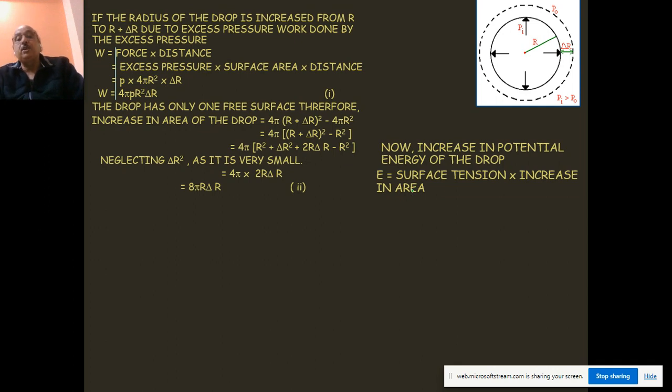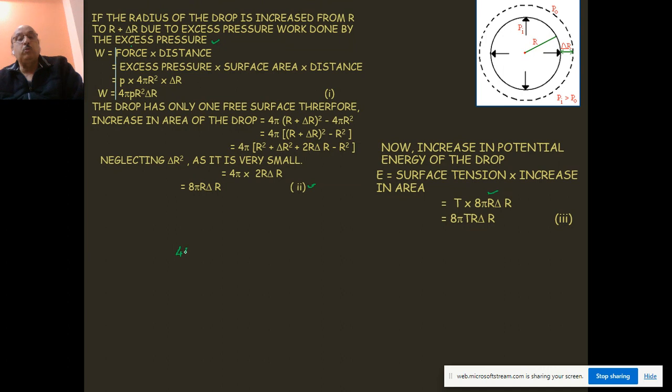Surface tension is T, and change in area, from equation number 2, is 8 pi R delta R. And this is equation number 3. This increase in potential energy is because of the work done by the excess pressure. Work done by the excess pressure. So we may equate this.